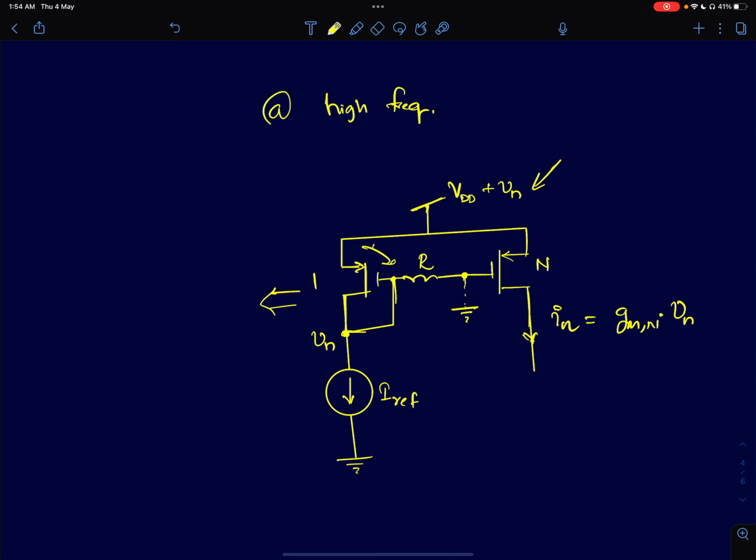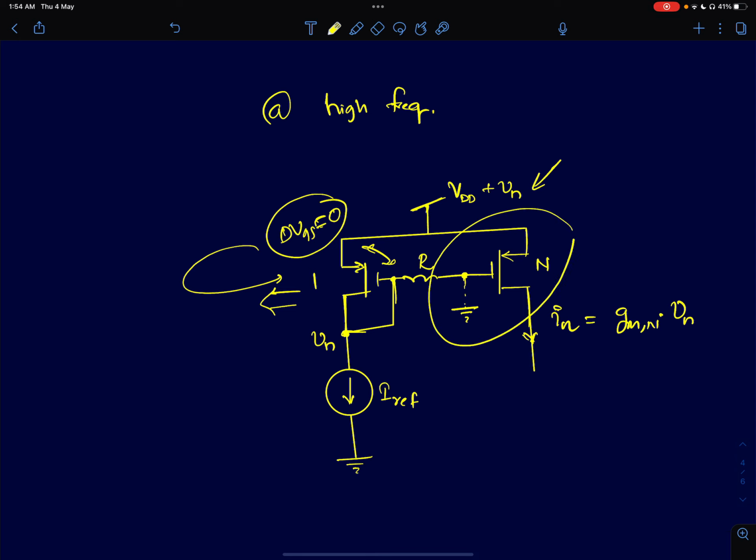The change in VGS of the reference device is 0. There is no change in the VGS there. But if you look at the mirroring device, the source is at Vn volts and the gate is at ground, which means the supply noise entirely appears across the VGS.